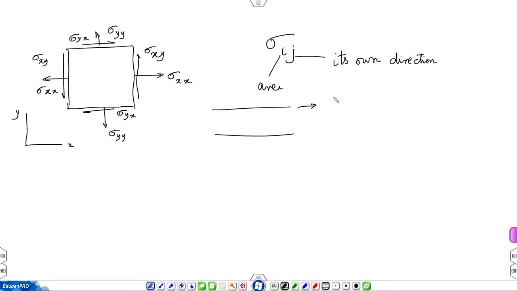So if you look at Newton's parallel plate experiment, what is F over A? This is the fluid element, this is the fluid region. This would be, in terms of this notation, sigma yx, that F over A. Okay. And this sigma yx under one dimensional conditions, we said it is proportional to the derivative of u with respect to y.